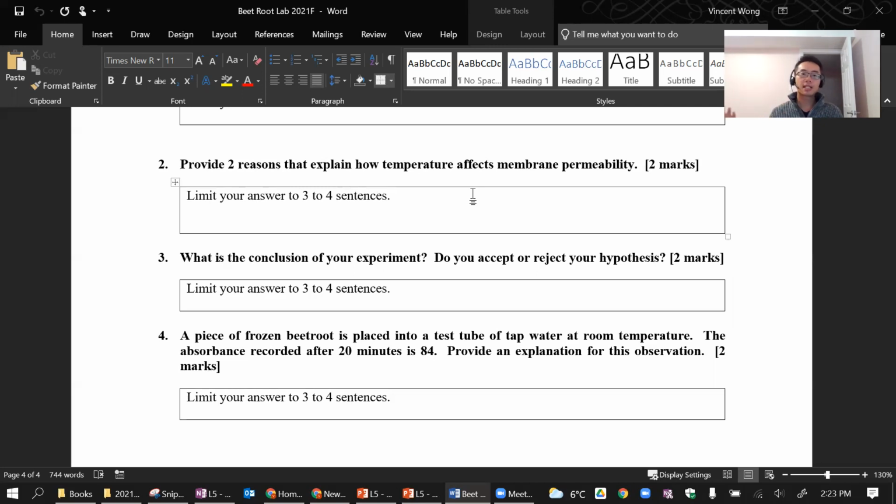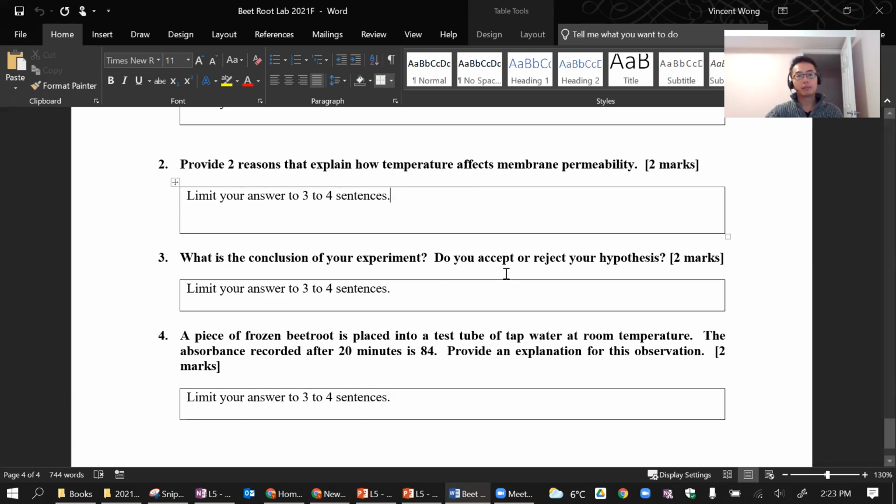And then after 60, that's where the proteins start to denature. Once the proteins denature, the entire membrane integrity is compromised, and that's where you have a huge leak of pigments. So those are two reasons: increased movement of the phospholipids at a relatively low temperature, and then at high temperature, denaturation of the protein.